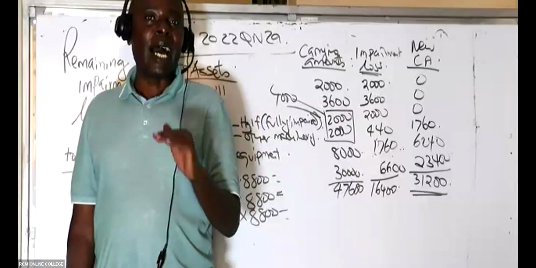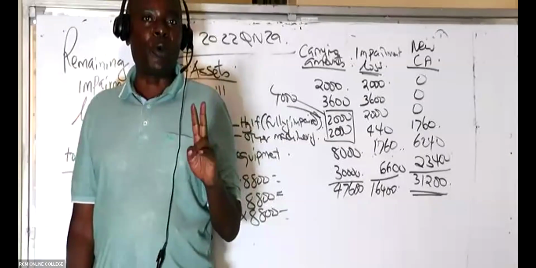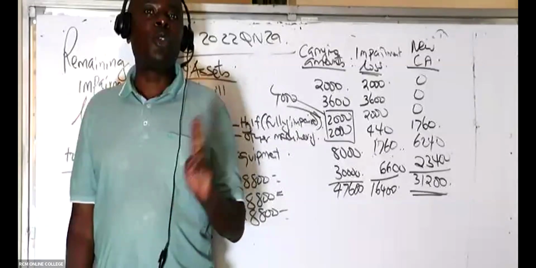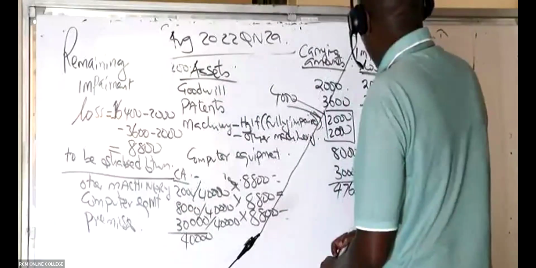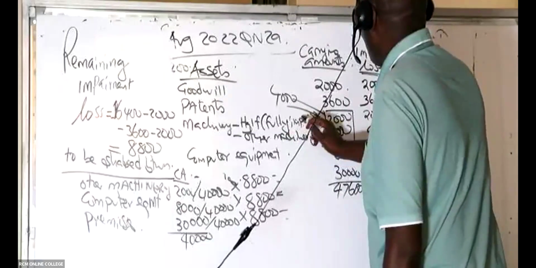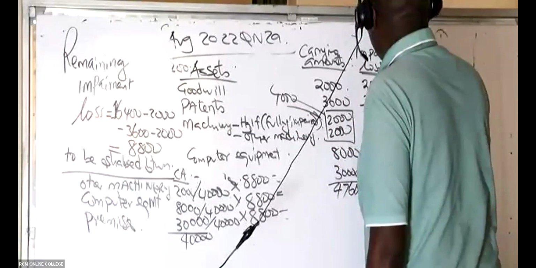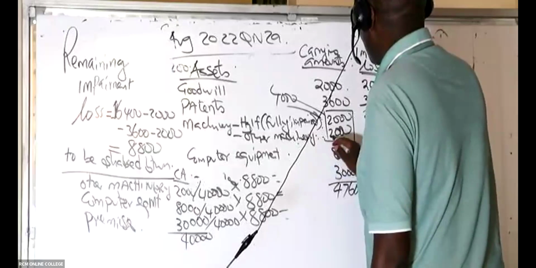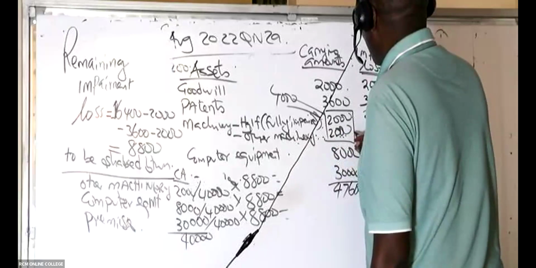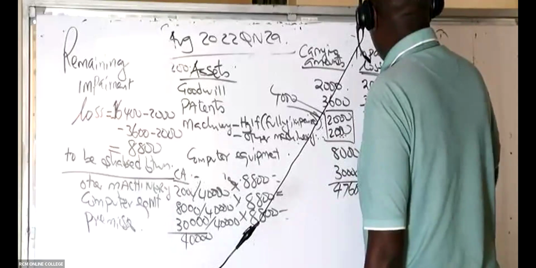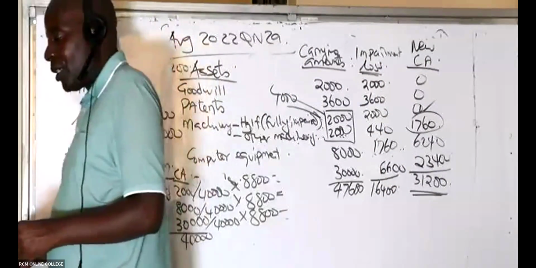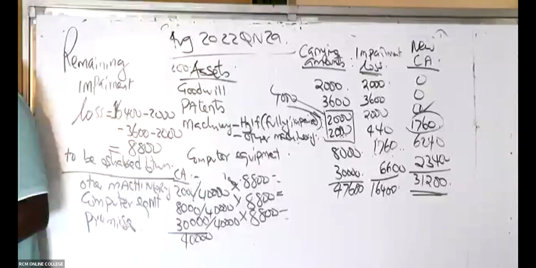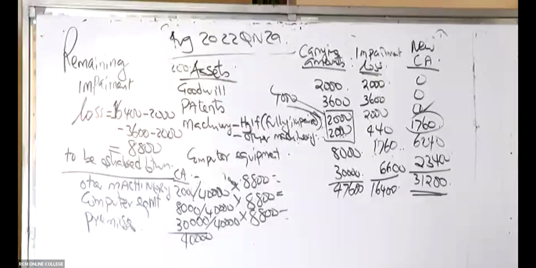Fully impaired, half of it, 2,000. Partially impaired, 2,000. How do we interpret this? The half which is fully impaired is 0. And the other part, which is partially impaired, after we get the impairment loss, gave us 1760, like that. Perhaps when you look at this video later on, you'll appreciate it even better.